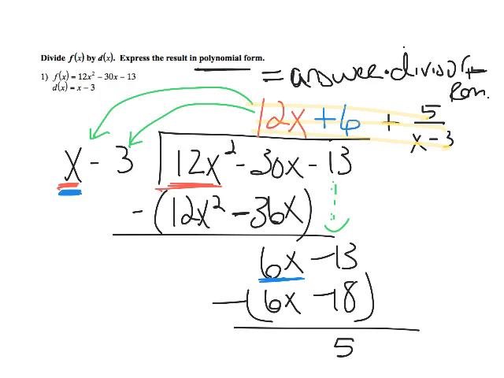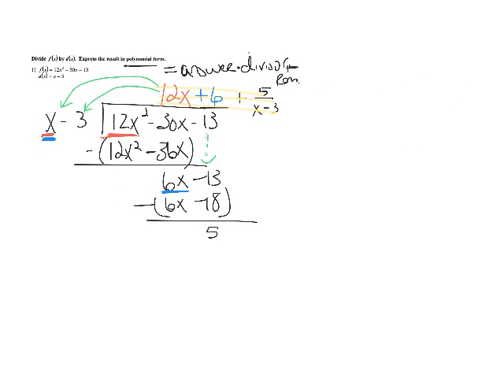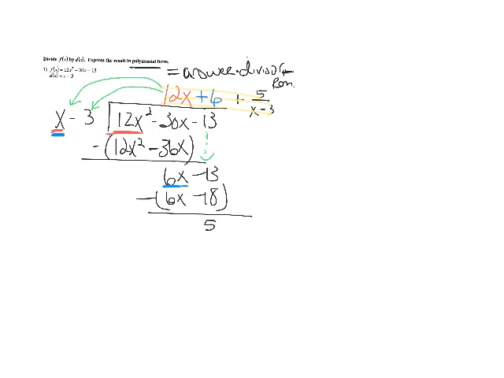When I ask you to write it in polynomial form, okay, I'm shrinking that so we can get what we need. You write the original polynomial that you were dividing.